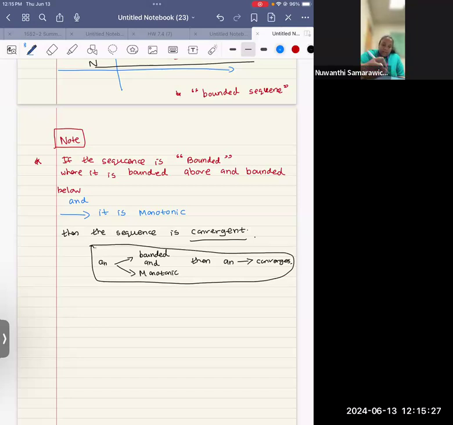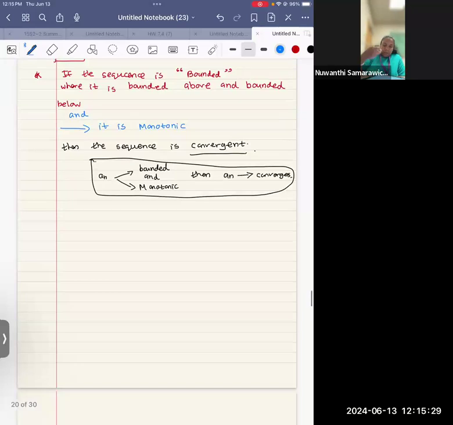Okay, so let's do an example to understand this part. The first example, your n-th term is 1 over n squared. We need to check whether this is monotonic. That means we have to check whether it is an increasing sequence or a decreasing sequence.